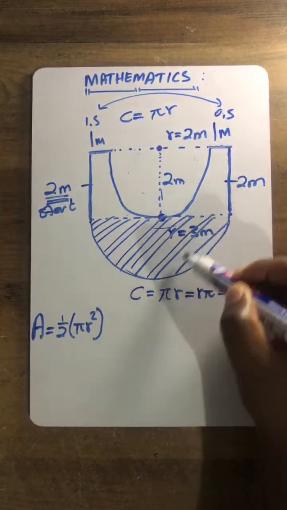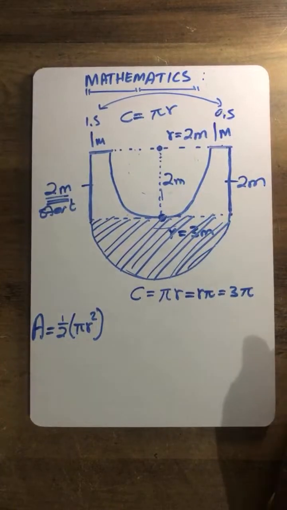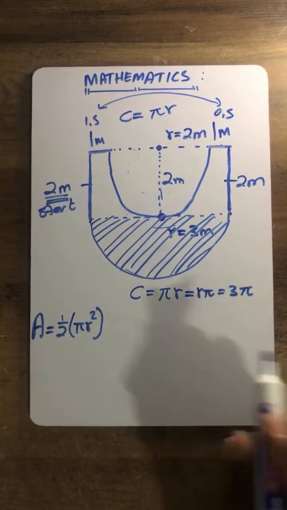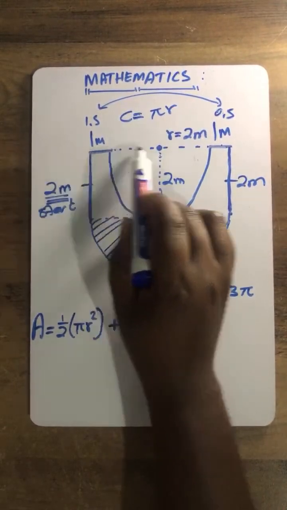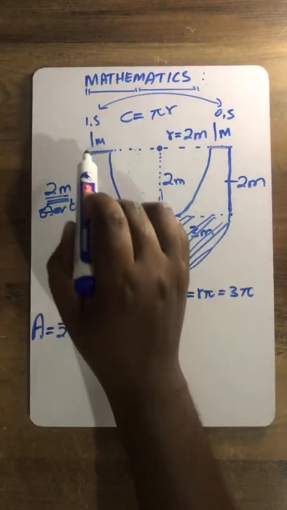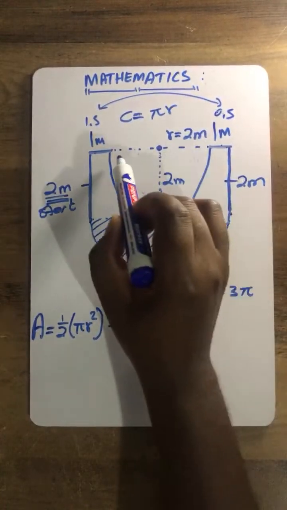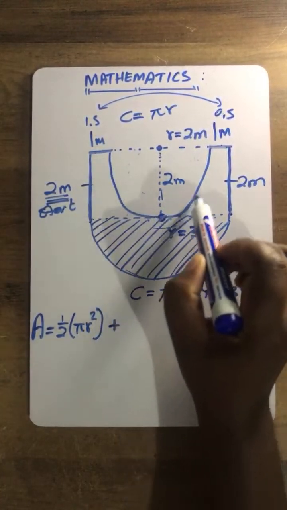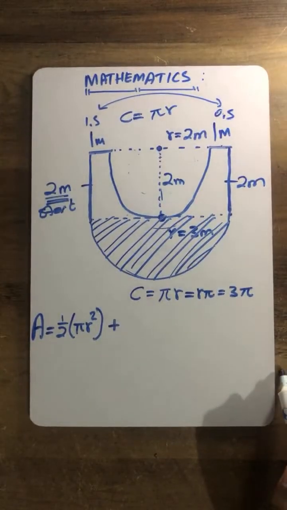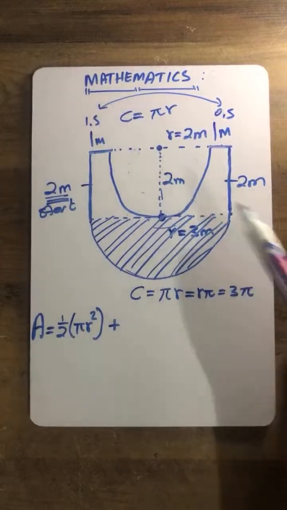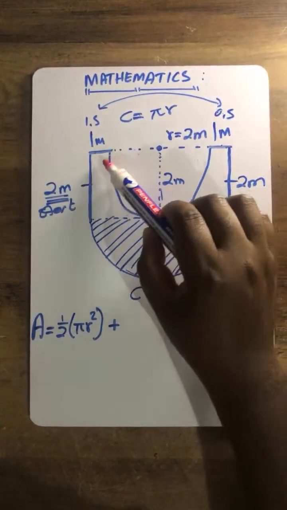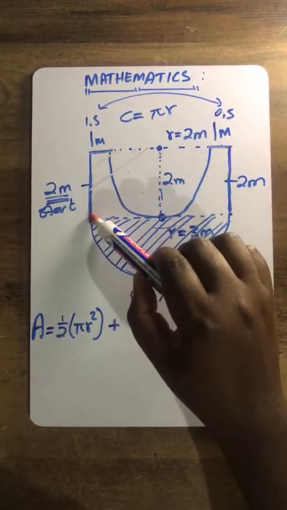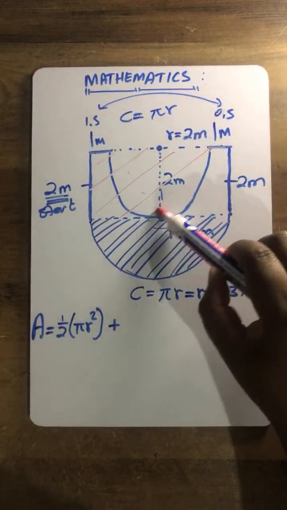I've written the formula there. And then a clever person will say, I'm going to add the area of this bigger shape, and then I'm going to subtract the area of that. I'm just not sure if it makes sense, honorable members. What you are going to do is calculate the total area of that rectangle.